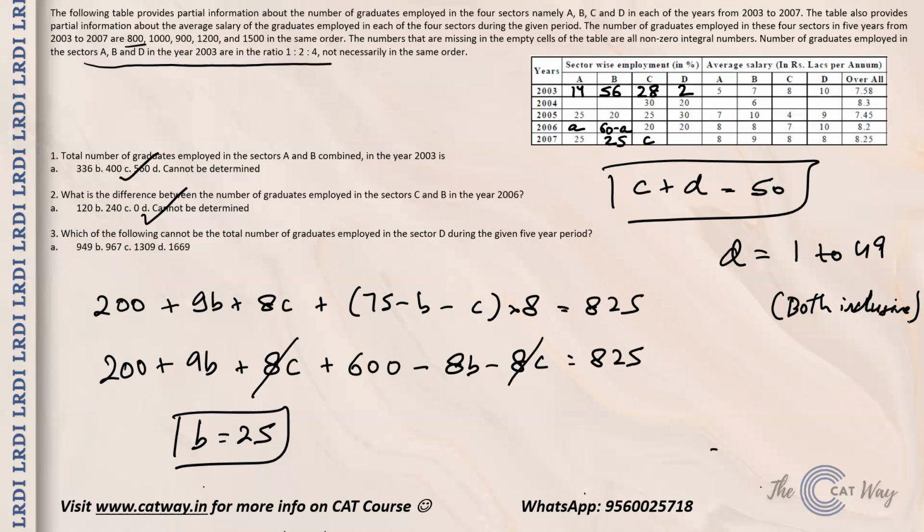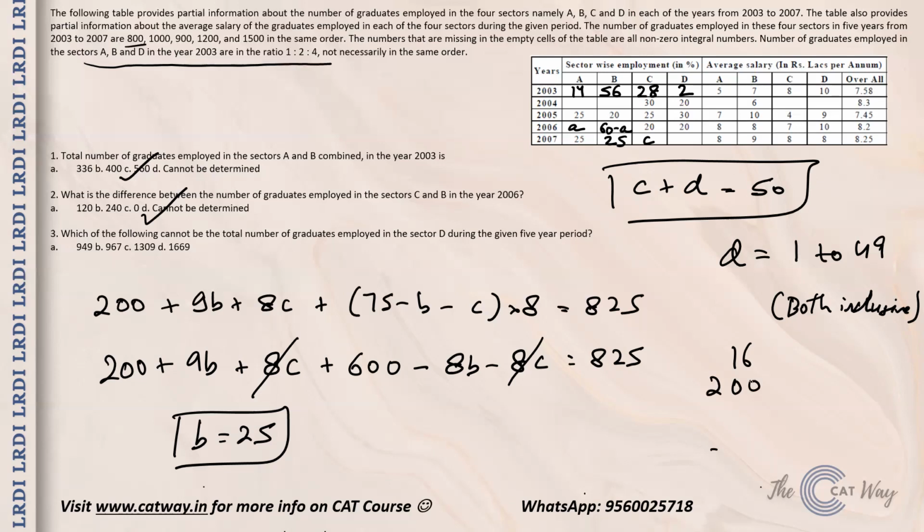Okay, from the previous years, like from 2003, out of the 800 people who were there, only 2% are going to belong to D, right? Now what is 2% of 800? You see 10% is 80, 1% is 8, and 2% is 16. Then in 2004 you have 20%, that is 200 people.